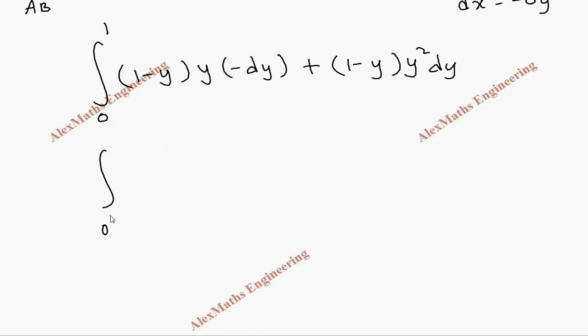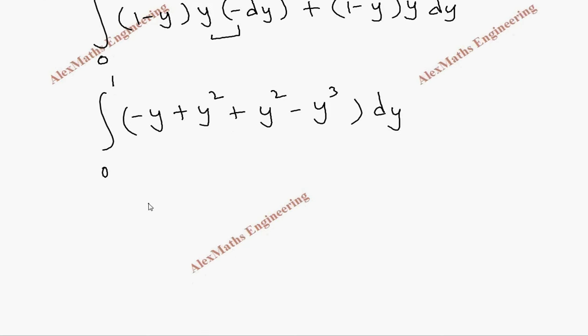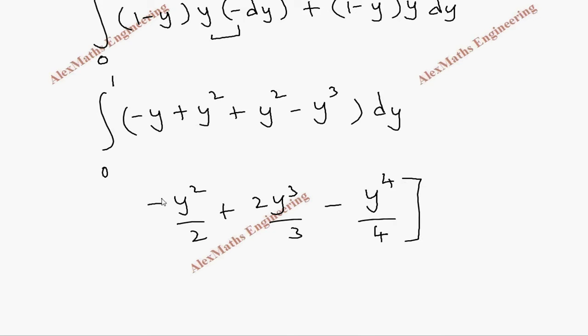Before that, we simplify this further, and this part is minus y. When I multiply inside, minus y plus y square, and when I multiply y square inside, it is plus y square minus y cube into dy. So on integration, this is minus y square by 2, plus 2y cube by 3, minus y power 4 by 4, and we have limit from 0 to 1.